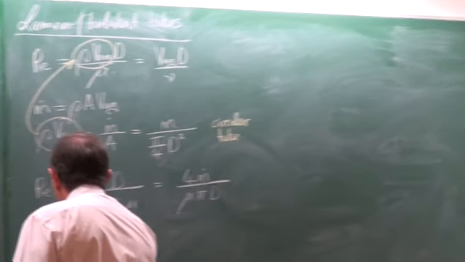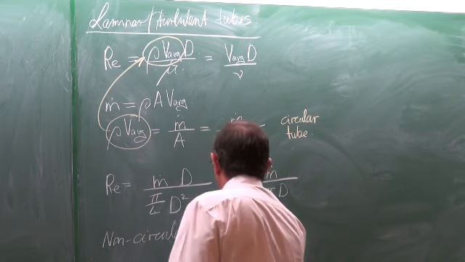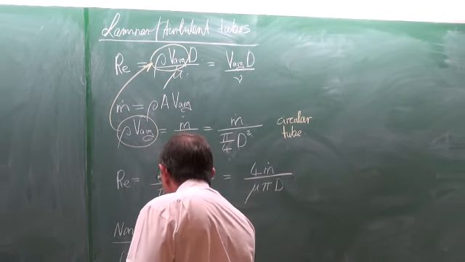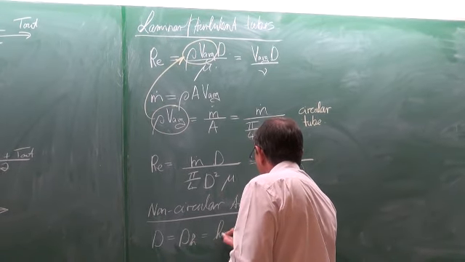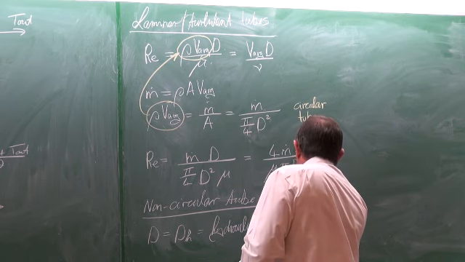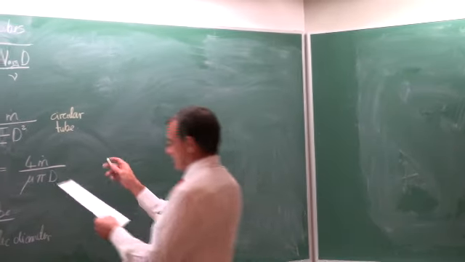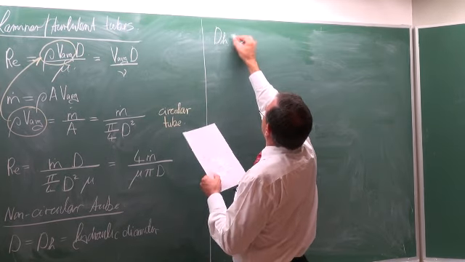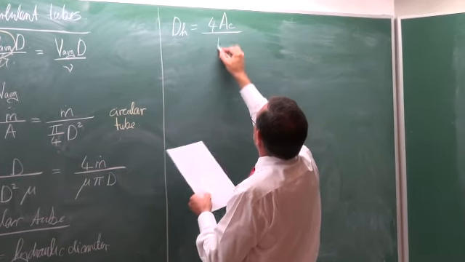If it is a non-circular tube, then, as you've done in fluid mechanics, we substitute the diameter with the hydraulic diameter, where the hydraulic diameter is equal to 4 times the cross-sectional area divided by the perimeter.